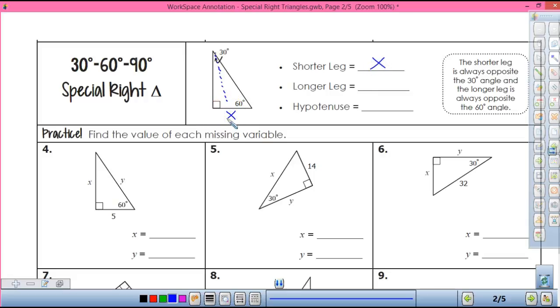To get from my shorter leg to my longer leg, which is across from the 60-degree angle, that is x times the square root of 3. And my hypotenuse is going to be 2x. It's going to be double whatever my shorter leg is.